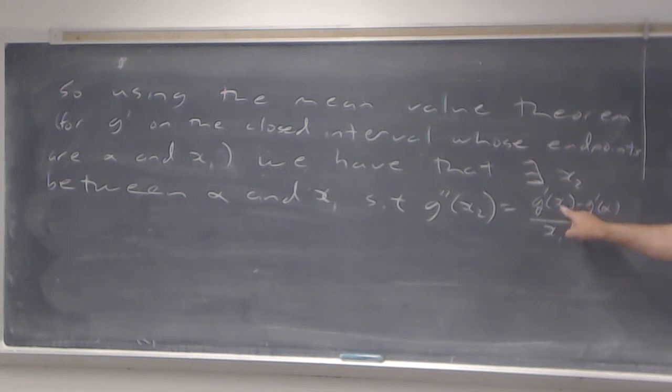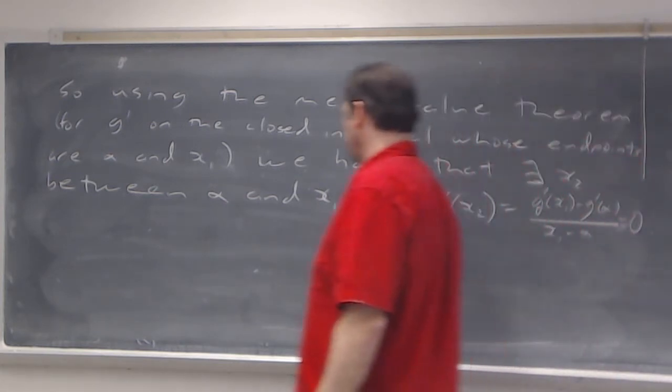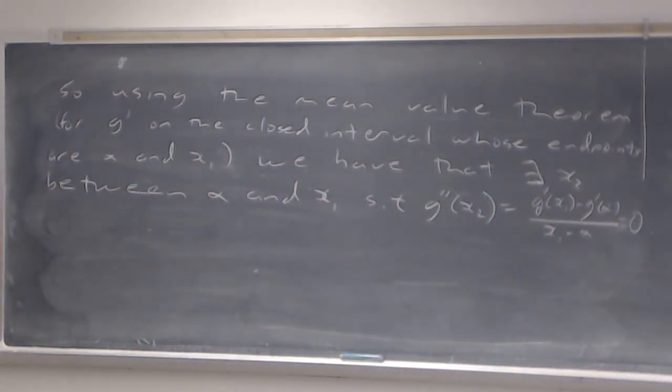And here, this was 0, so we get that this is equal to 0. So g double prime of x sub 2 is 0.